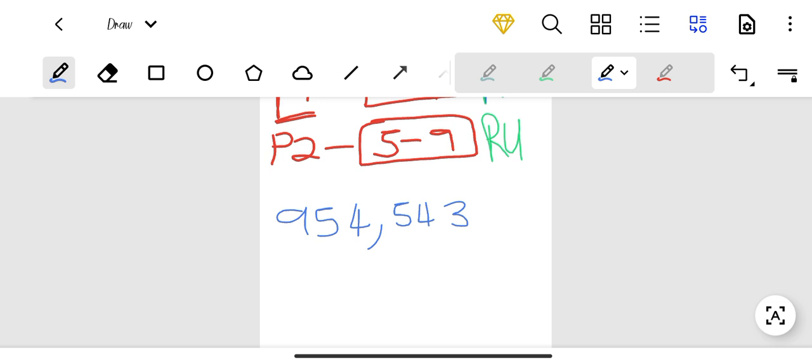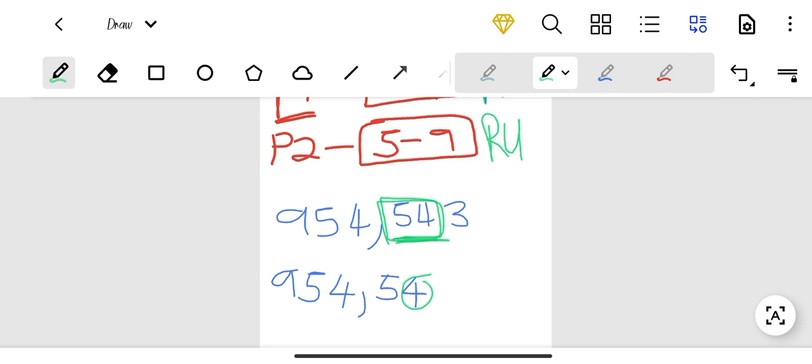So when you are rounding off, different from rounding to the nearest tens, with this one you have to check, okay, I have those 2 numbers after the comma, so I'm supposed to only round off to those numbers. What does this mean? It means that you're going to have 954,54, but this number depends on that number.